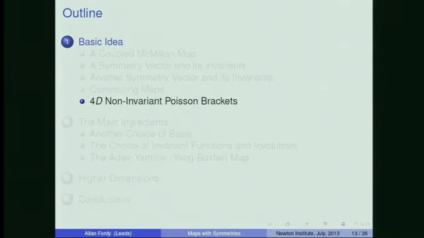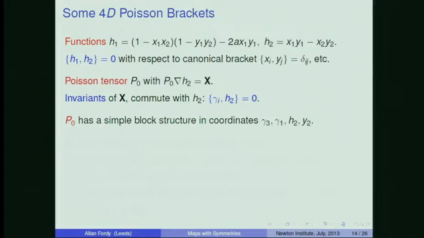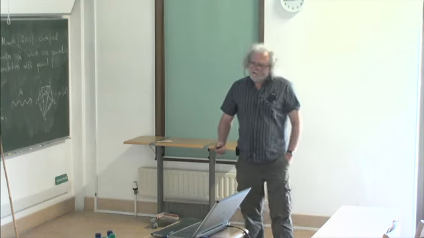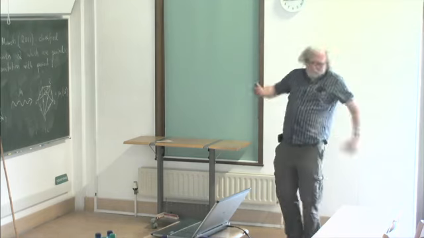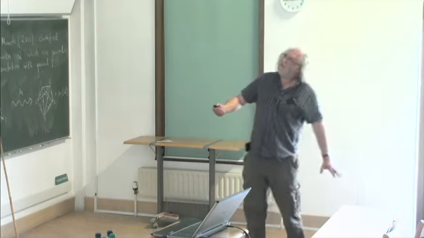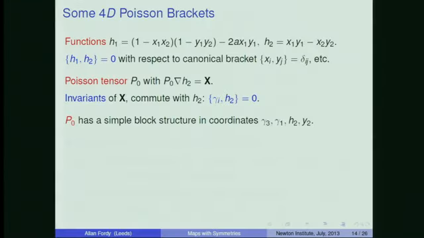So while writing this talk, I was just trying to look at what four-dimensional Poisson brackets might exist. I don't know that an invariant one exists, but I happened to notice that H1 and H2 as given, well, this is the first case, it works for both, they happen to commute with respect to the canonical bracket.